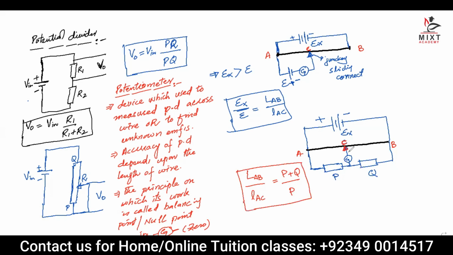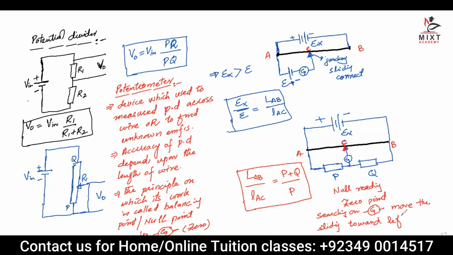For the null reading, kindly note that when searching for the zero point on the galvanometer, move the slider, meaning the jockey, toward left, not toward right.